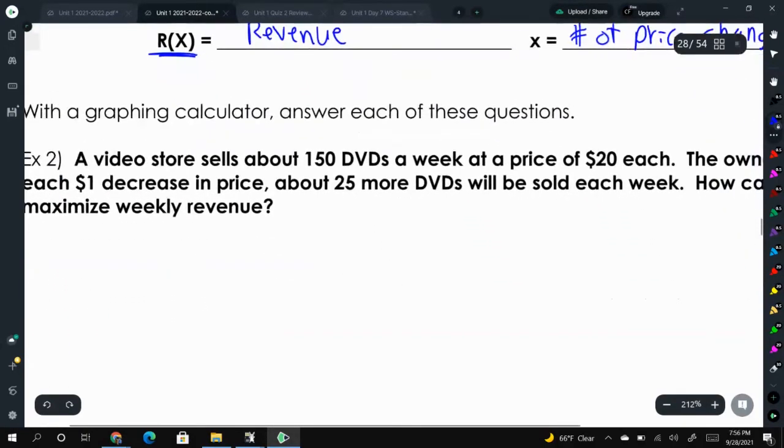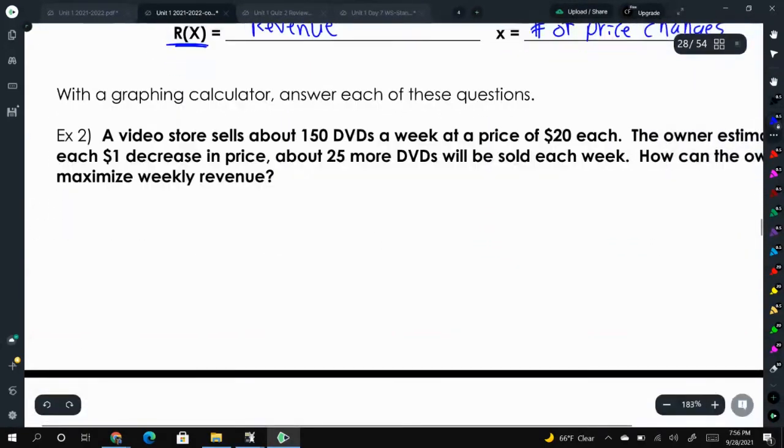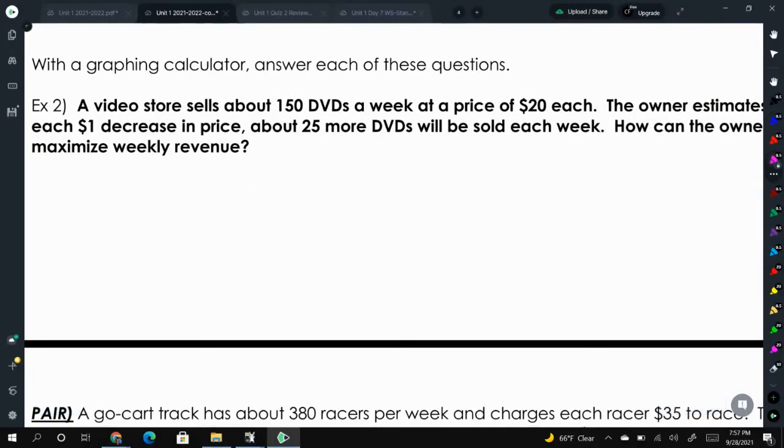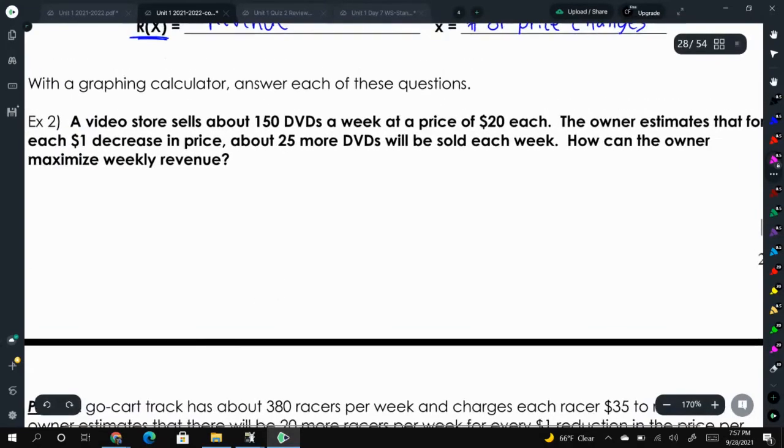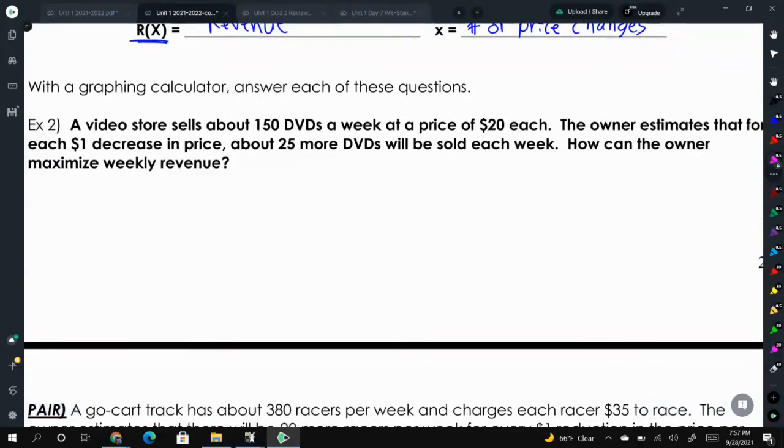So with a graphing calculator, we're going to answer these questions. So this problem down here says a video store sells about 150 DVDs a week at a price of $20 each. The owner estimates that for each $1 decrease in price, about 25 more DVDs will be sold each week. How can the owner maximize the weekly revenue?